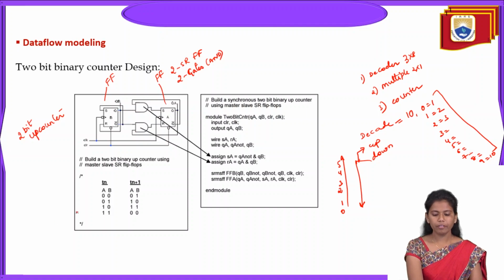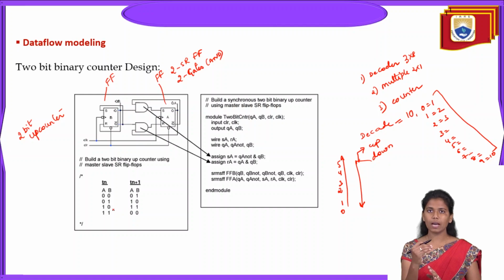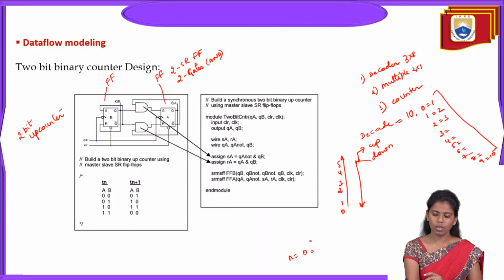Then if you observe the truth table for this 2-bit binary up counter, it goes like this. A and B, and we know the 4 combinations are 0 0, 0 1, 1 0 and 1 1. Out of these, it has to count up, that means plus 1, right? 0 is the basic first, n as 0 and n1 as 0 plus 1.